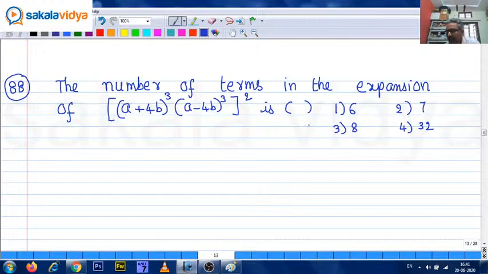So the number of terms in a binomial is power plus 1. Index is 2, 2 plus 1 is 3. First let us simplify.